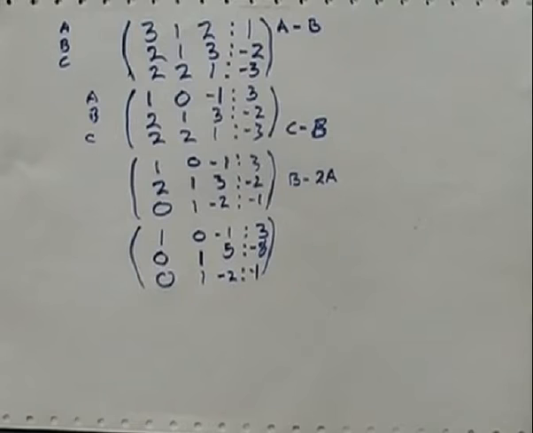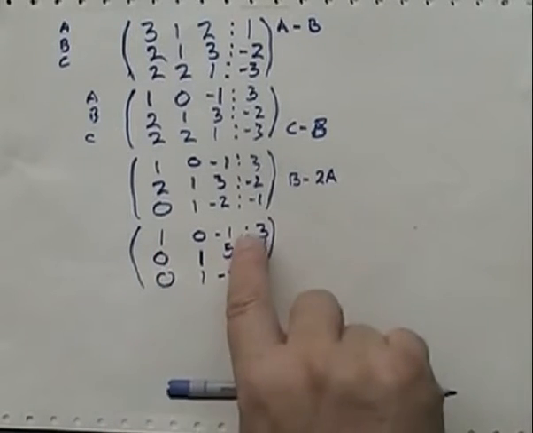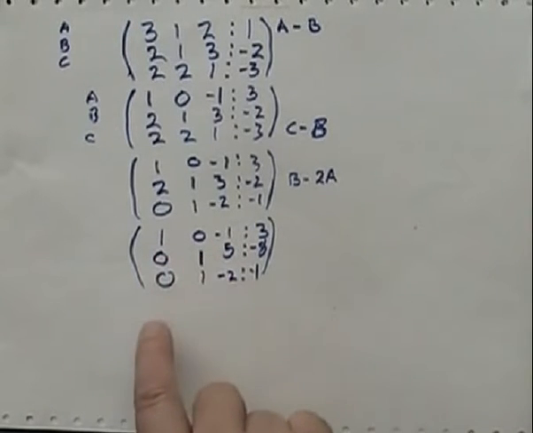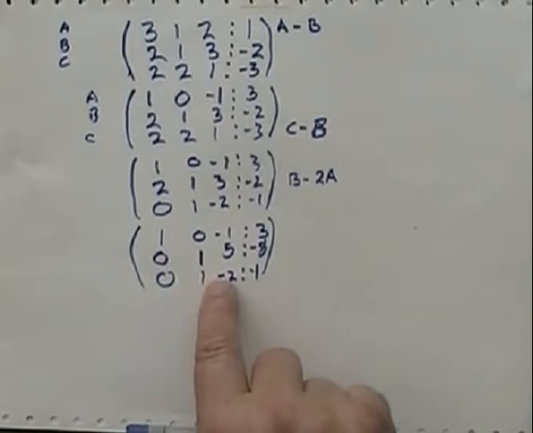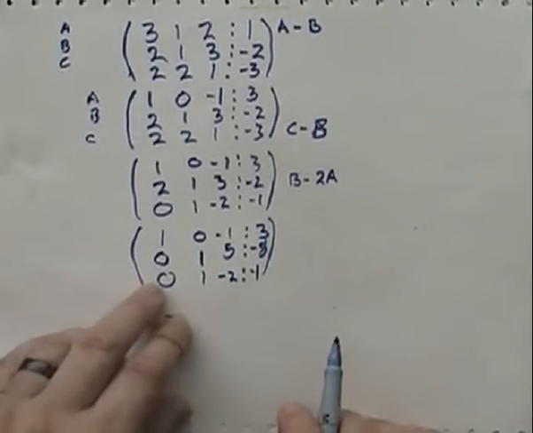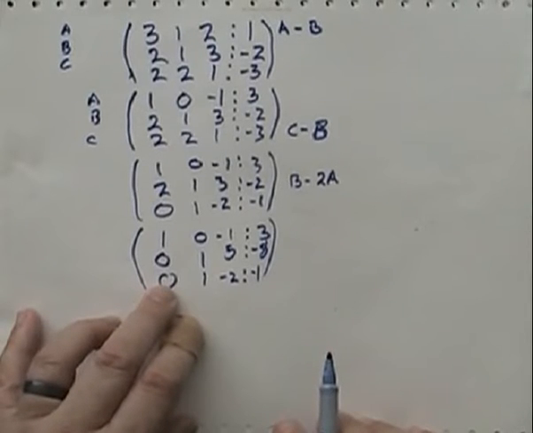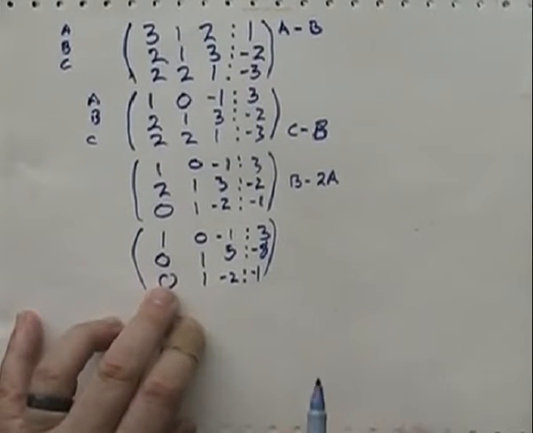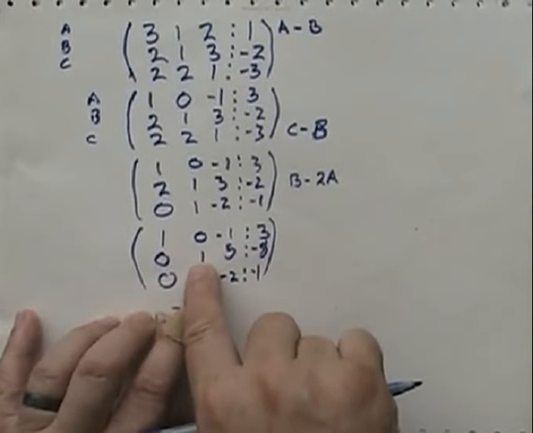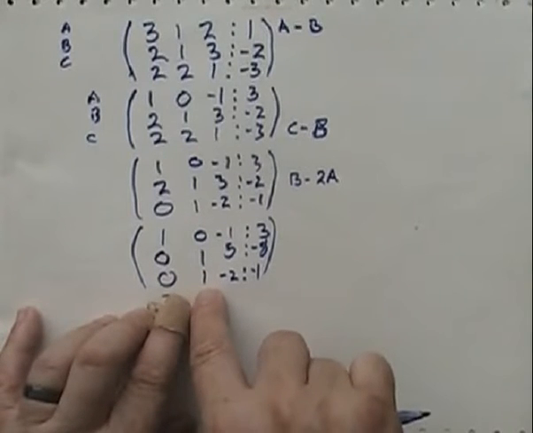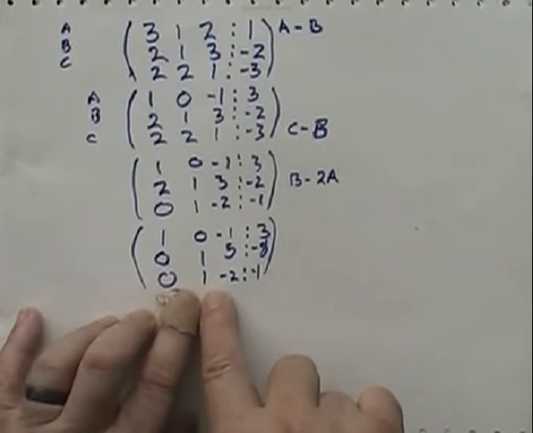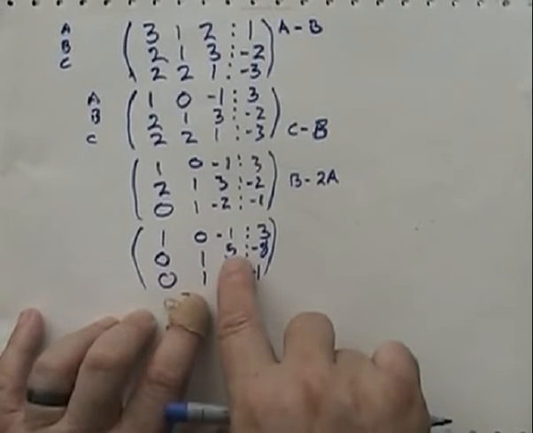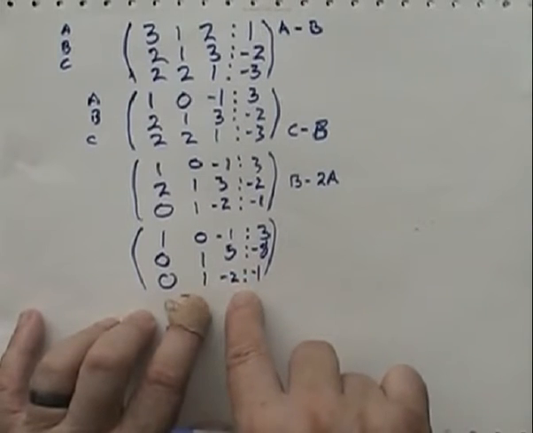So now we've got a 1 here. That's cool. We've got a 0, 1. I now want to get a 0, 0, 1. And that will then allow me to start reading the answers. So what's the next thing going to be? Well, there's a 1 here and a 1 here. I want to get rid of this 1. I can either go this row minus this row, or this row minus that row.